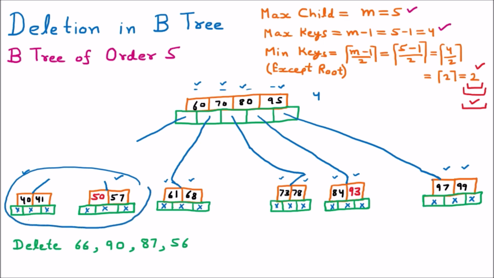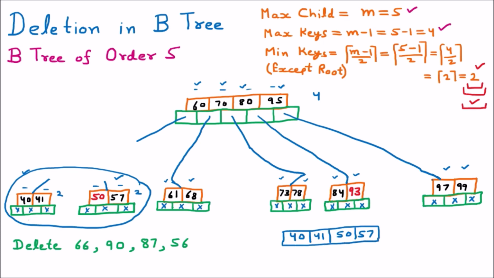Now earlier, how many keys are there? 1 and 2, it has two keys, and 1 and 2, it has two keys. If we combine them, the first node has 40 and 41, and the second node has 50 and 57. So these keys are merged together. Now what will be the effect afterward?